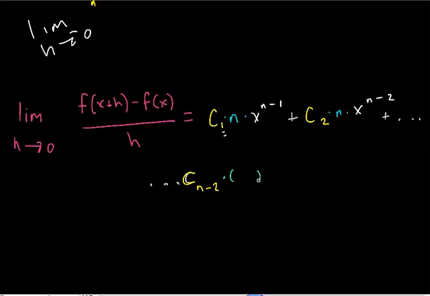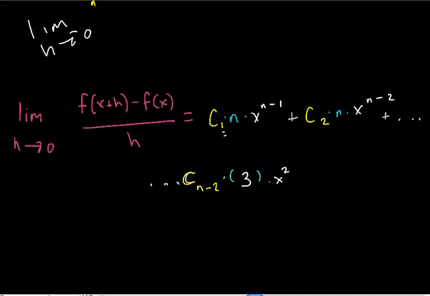something, right, times x to the n minus 2, which is basically x squared. And this n is 1 bigger than whatever the exponent is, so this is a 3.